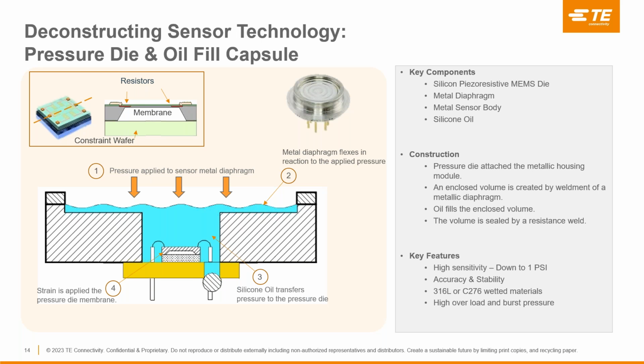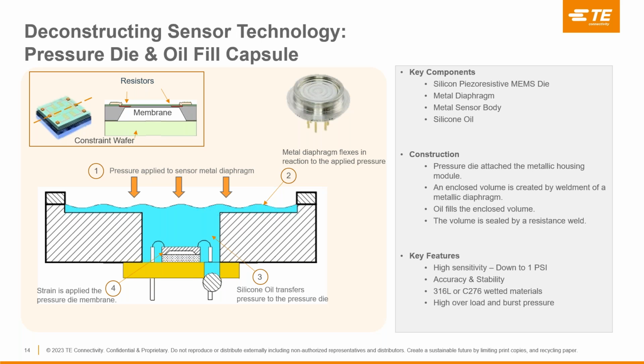With this assembly, pressure is applied to the metal diaphragm. The diaphragm flexes in reaction to the applied pressure, and then the silicone oil transfers the pressure to the pressure die. With the strain applied to the membrane of the pressure die, resistance changes. The pressure die is completely isolated from the pressure gas media.